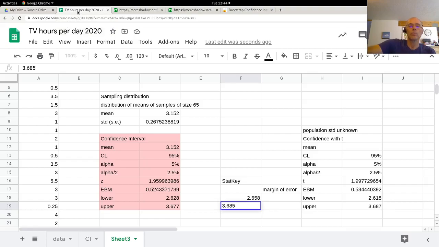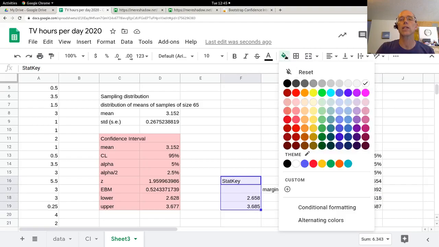So notice this lower bound is a little higher than that one, and the upper bound is a little higher than that one. The upper bound is closer from StatKey to the t-score on the upper, but farther away in StatKey from the t-score there. So let's highlight StatKey. It's a different technique.